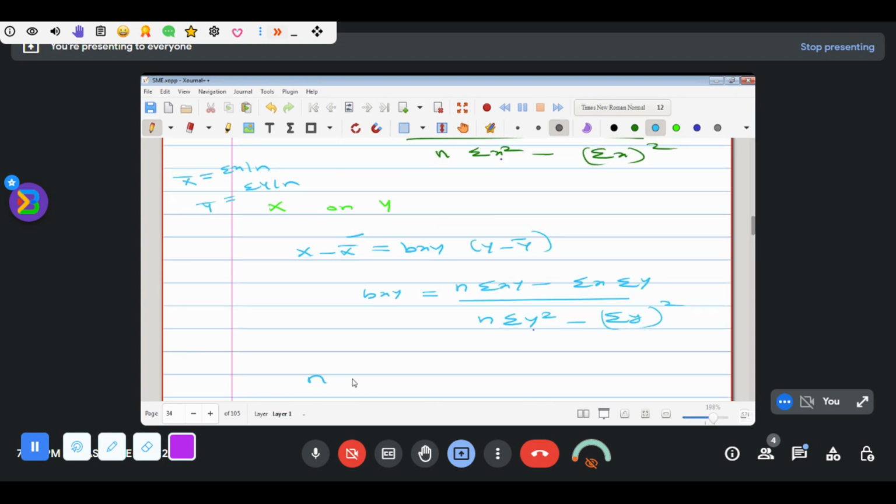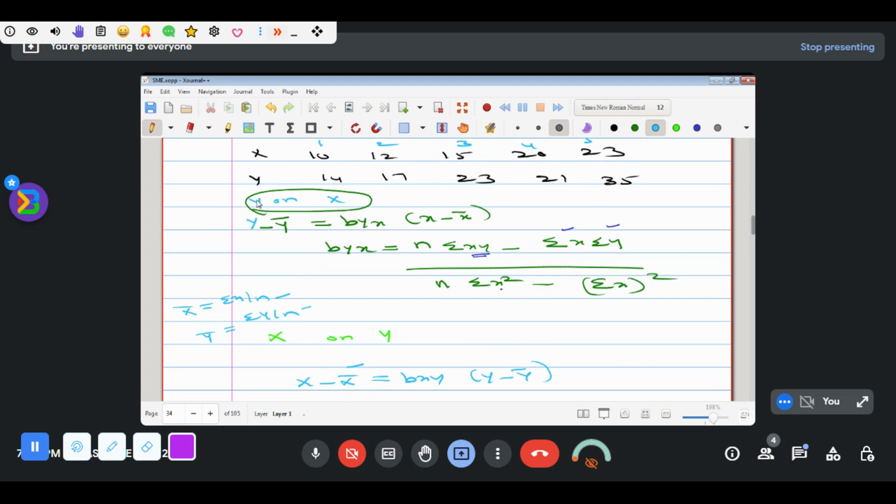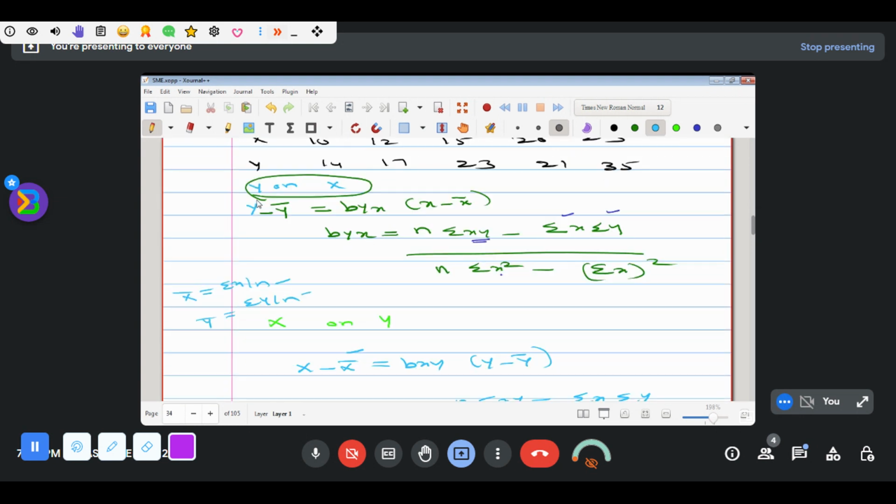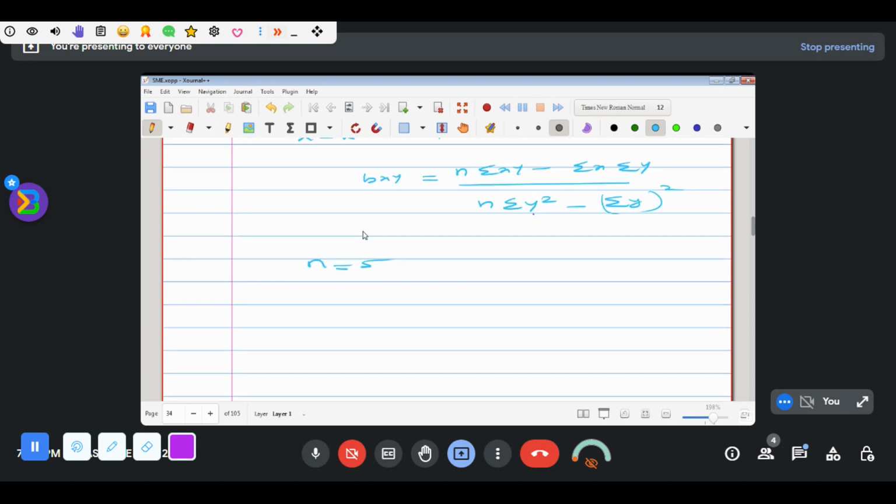Therefore n equals 5. We already found summation x and summation y, so the x bar and y bar values are completed. After that, you calculate the byx and bxy separately, then move to the main equation.